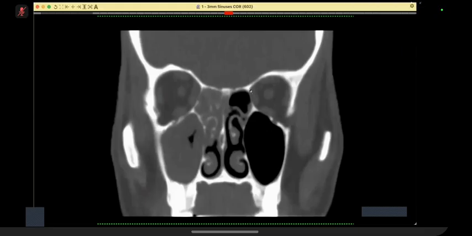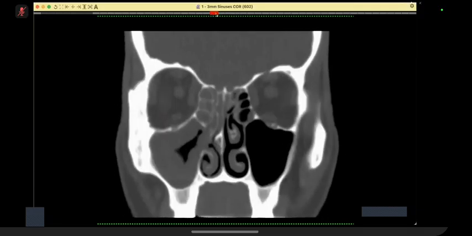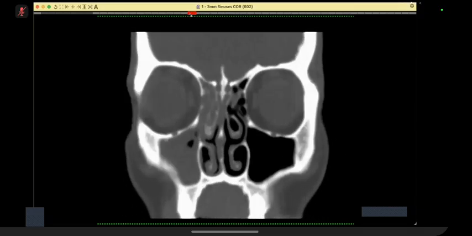I'll just scroll through the images in the set.